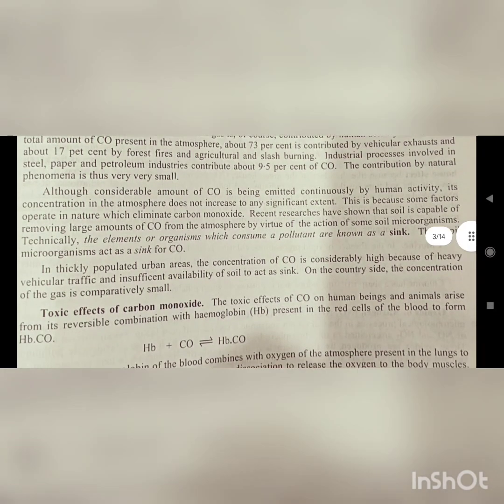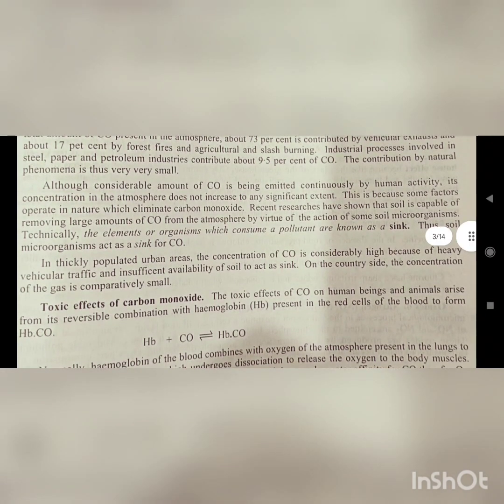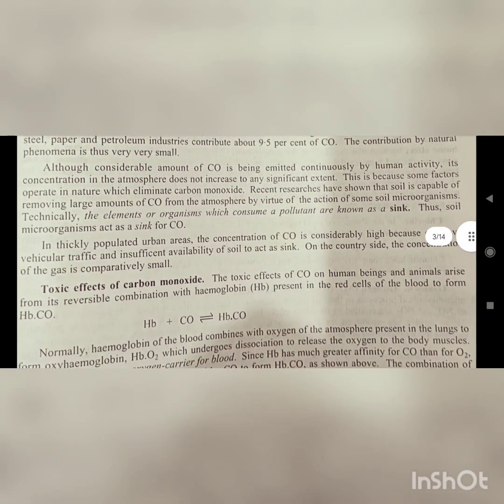Industrial processes involved in steel, paper, petroleum industries contribute about 9.5% of CO. The contribution by natural phenomena is thus very small. Although considerable amount of CO is being emitted continuously by human activity, its concentration in the atmosphere doesn't increase to any significant extent. This is because some factors operate in nature which eliminate carbon monoxide.